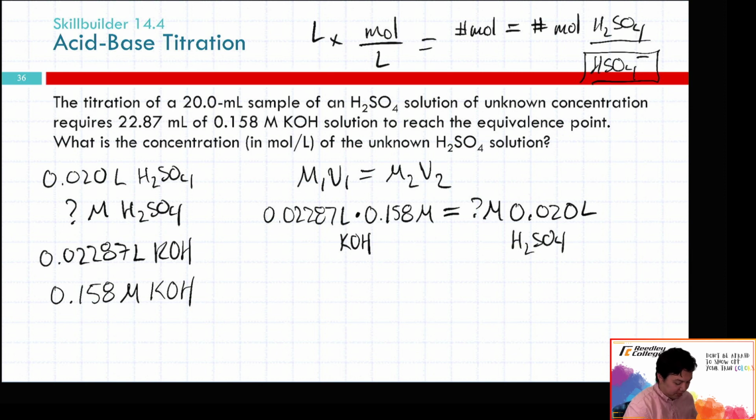And get on my calculator here. So we're going to take 0.02287 times 0.158 divided by 0.020. And so we've got a molarity of 0.181 molar H2SO4.